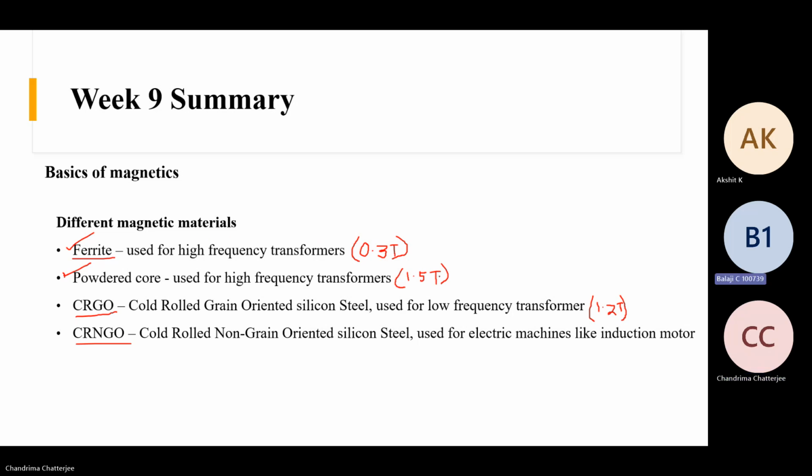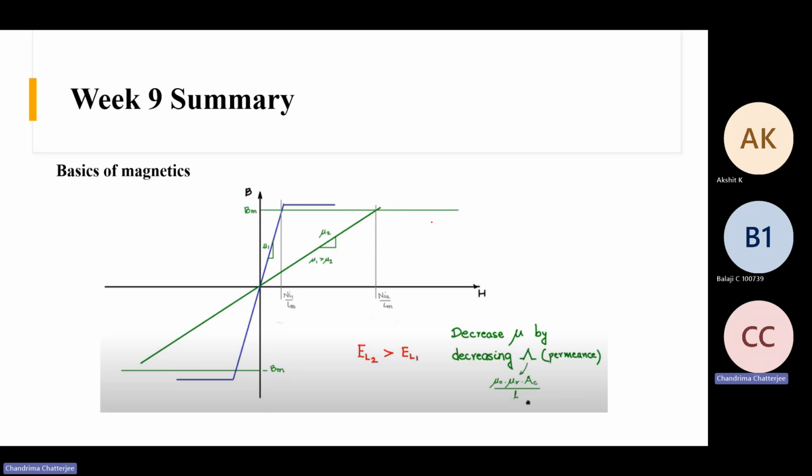When we introduce air gap, what will happen, ma'am? So then your mu will reduce. Okay. So your mu will reduce, and then there will be the risk of saturation that I showed here. Here in this current there is a risk of saturation, but if you introduce an air gap, your slope reduces, your mu reduces, and this slope also reduces.